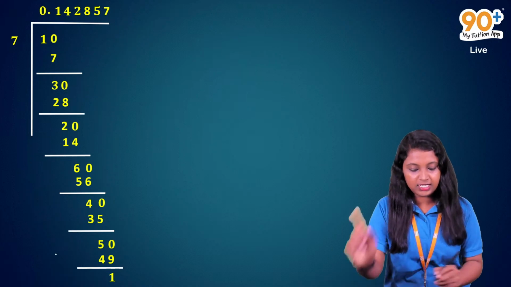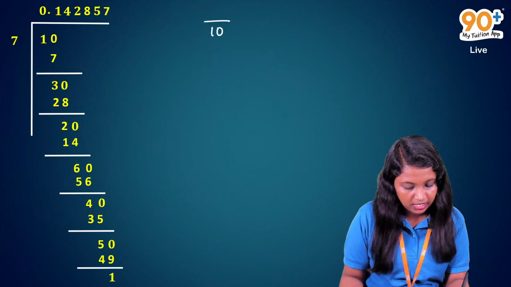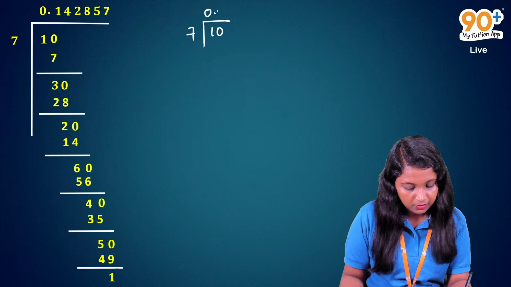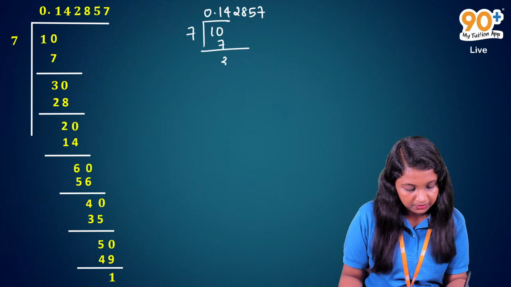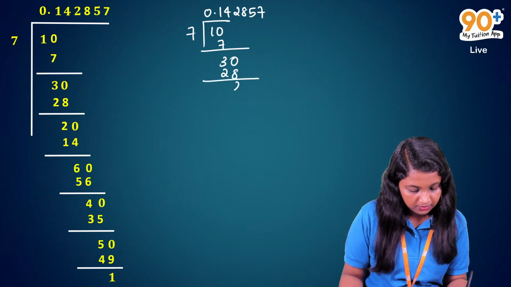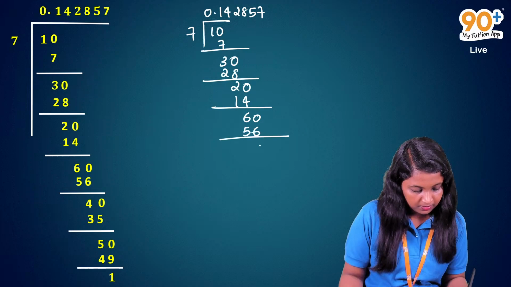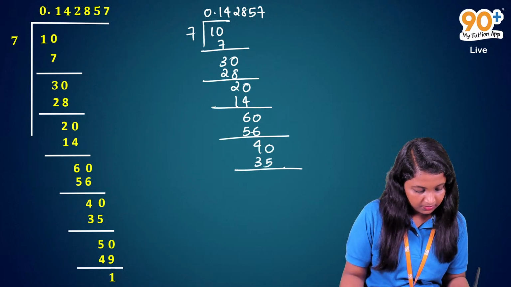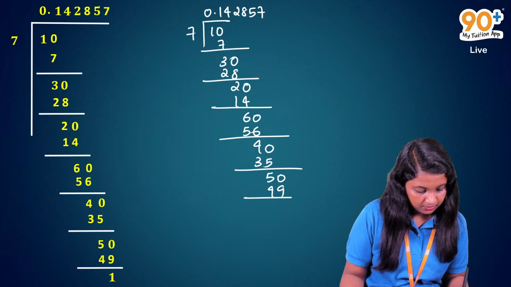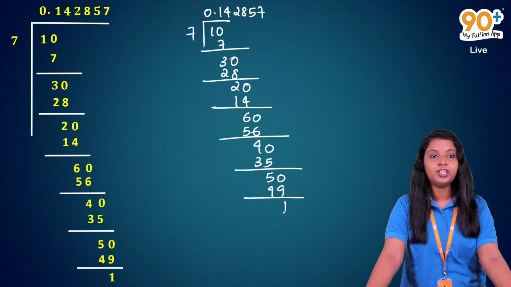Okay, wait a second, Abhrami, I will come back to you. So 10 by 7. 1, 4, 2, 8, 5, 7. Okay, after this, continue.